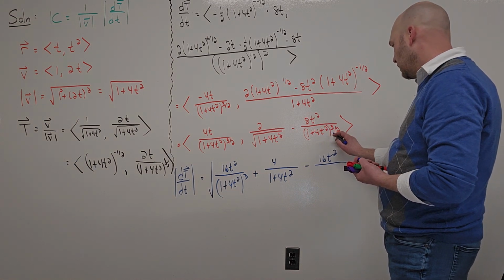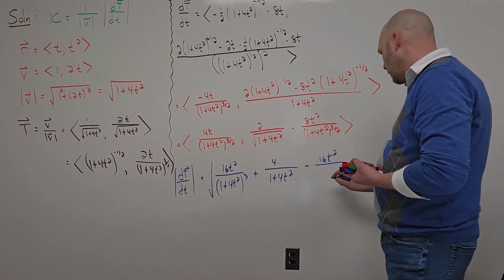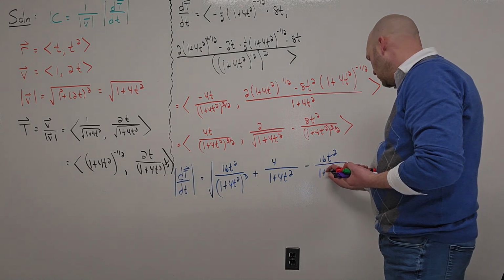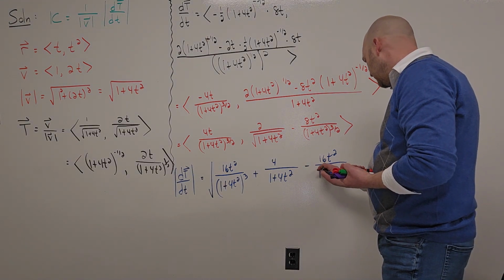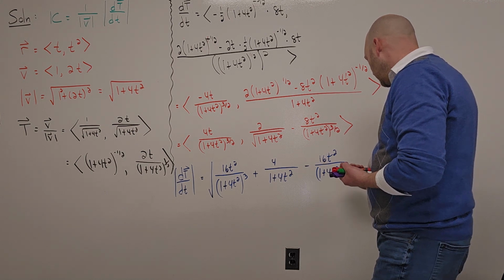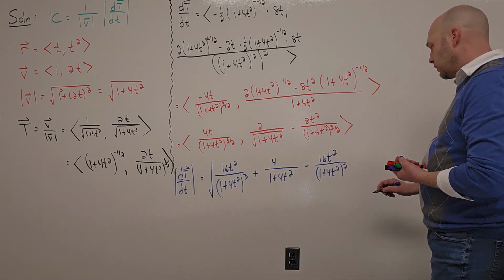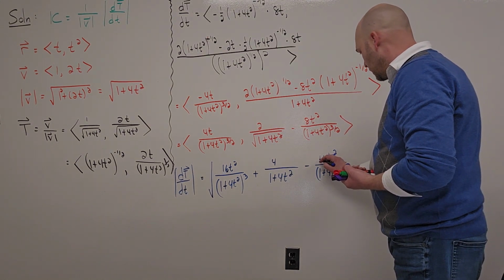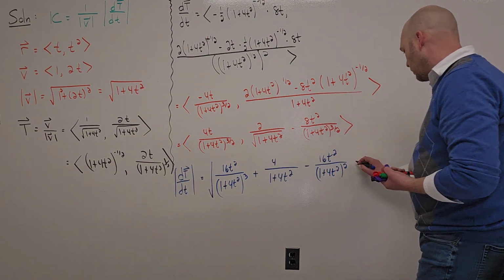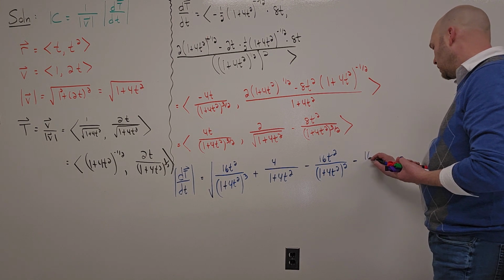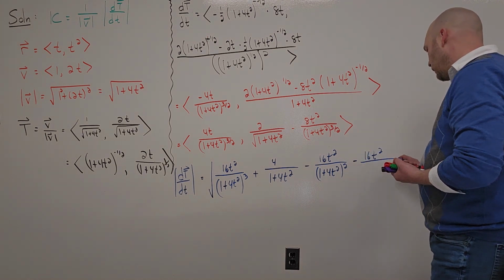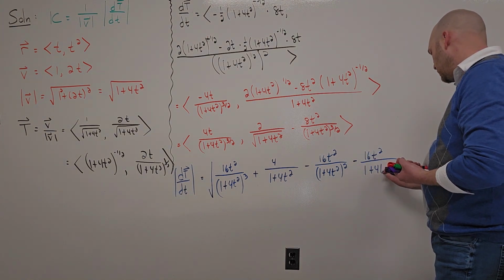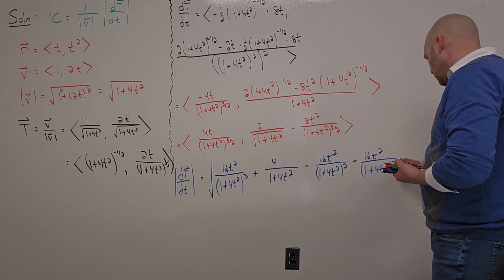That would make that 1 plus 4t squared, squared. And then we'd have 2 of those, so that would be, rather than 16, well, let's just write it out. Then the next term would be 16t squared over 1 plus 4t squared, squared.